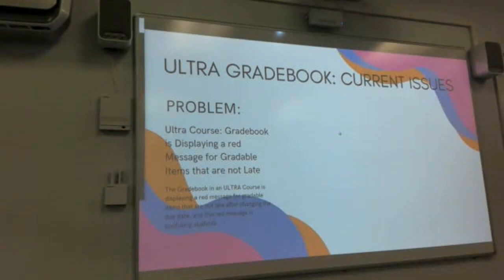Ultra has a glitch where it will still display that after changing the due date. This is usually prompted by changing the due date after submissions have started, or by creating exemptions.